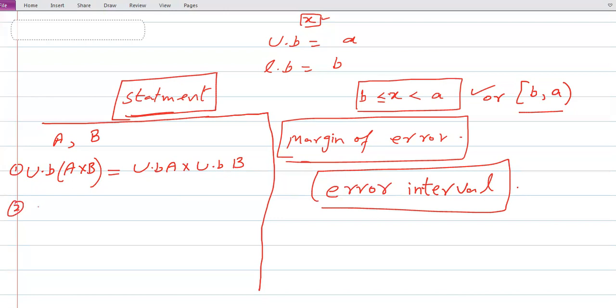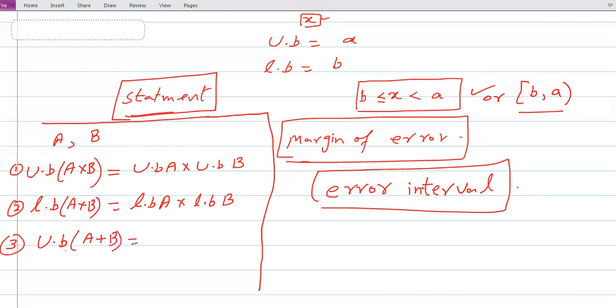Now, rule number two: if you need to find the lower bound of A multiply B, you need the lower bound of A and the lower bound of B. So it will be equal to lower bound of A multiply lower bound of B. Number three: sometimes you need to find the upper bound of A plus B. Then you again need the upper bound of both the numbers: the upper bound of A plus upper bound of B. Rule number four: if you need the lower bound of A plus B, then you need the lower bound of both the numbers.